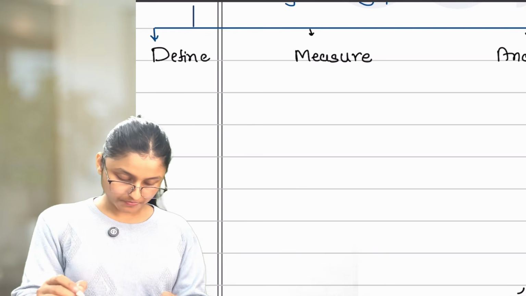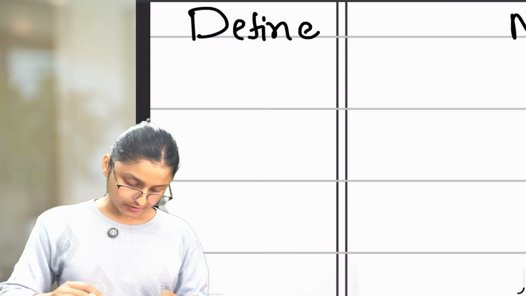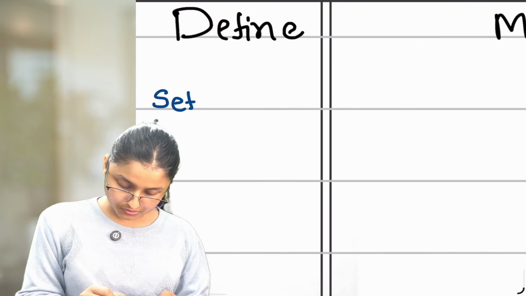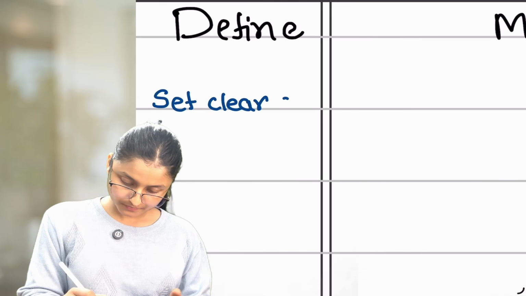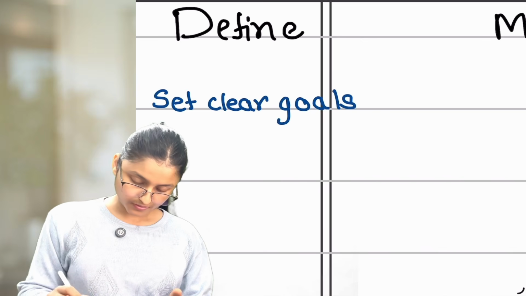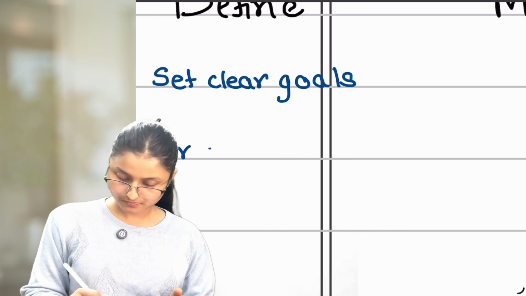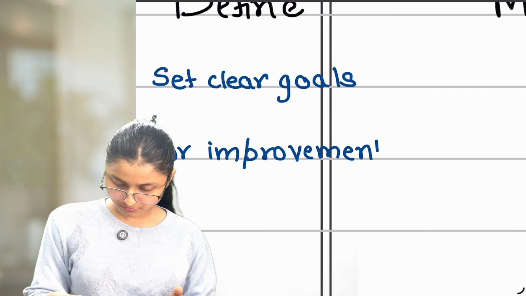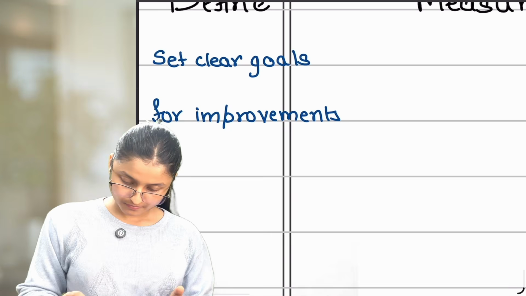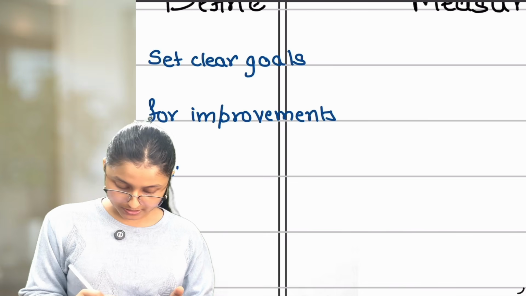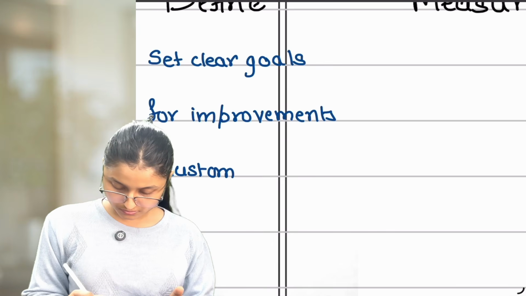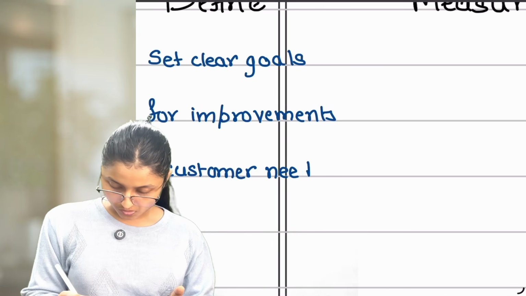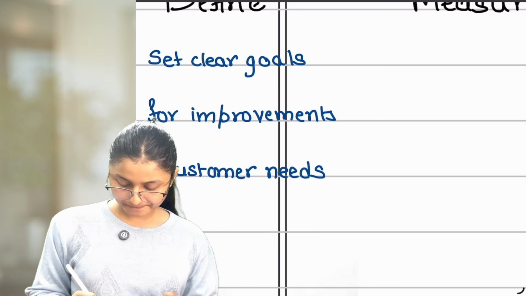Let's write first about define. In define, we set clear goals for improvements. These goals can be related to customer needs or company related goals.